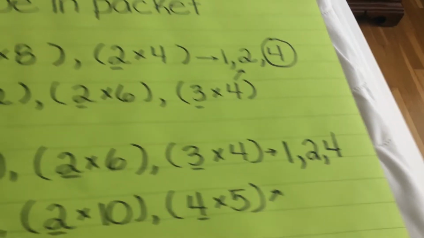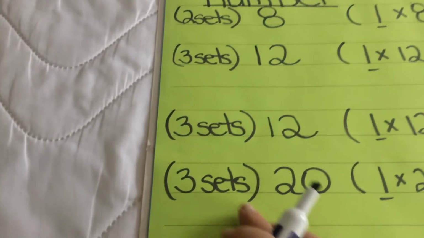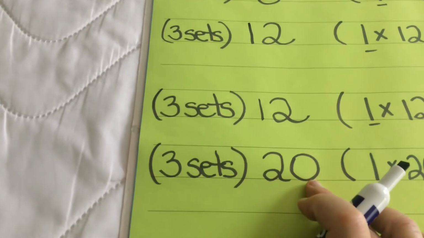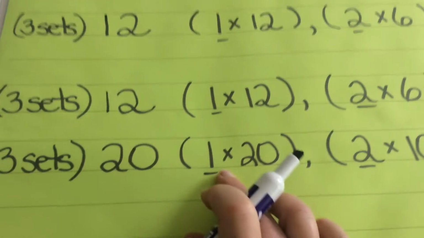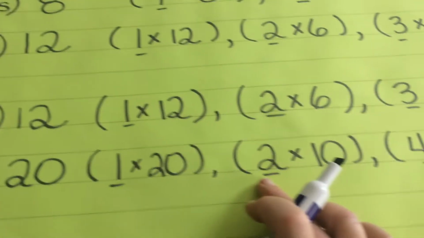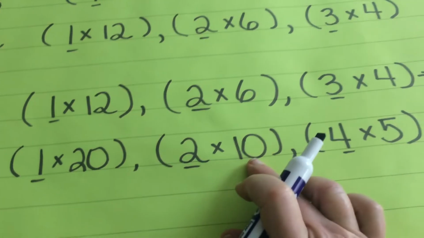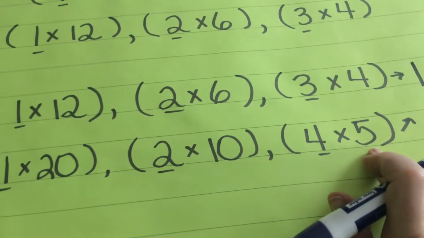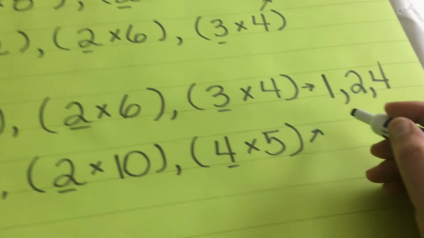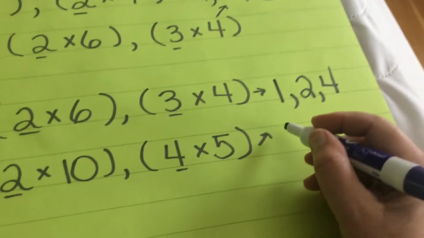Now we're down to the 3 sets for 20, and they've given it to us. We know 1 times 20, 2 times 10, and 4 times 5. It needs to be in numerical order.